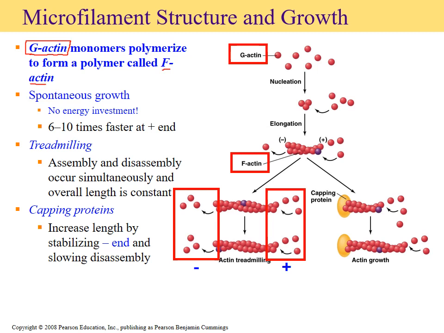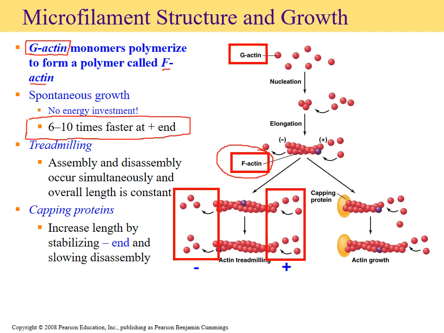So we can see it right over here as it's elongating, you'll have your F-actin. Notice also how you'll have different polarity sites. You'll have a positive and a negative end, and very similar to what we saw in the microtubules, the positive end is more sensitive to growth than the negative end.